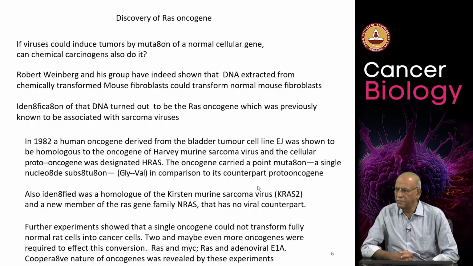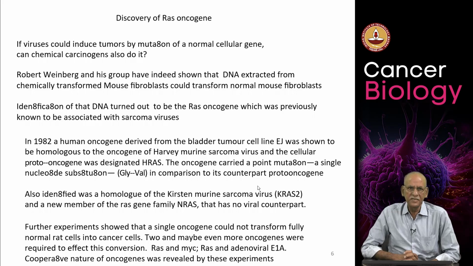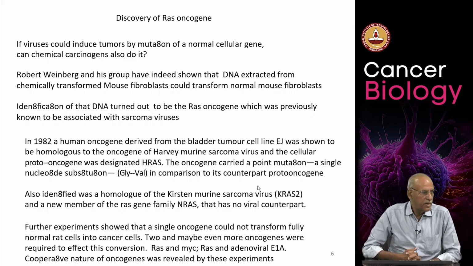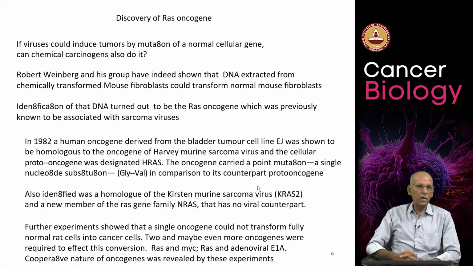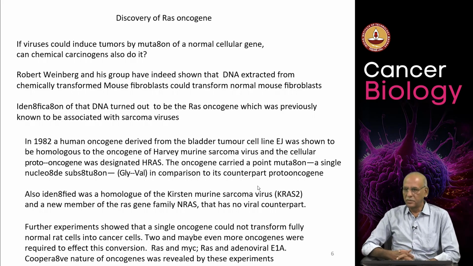So, the idea came: if viruses could induce tumors by mutation of a normal cellular gene, can this be done by chemicals, chemical carcinogens? It was Robert Weinberg, in the US they call Robert as Bob.